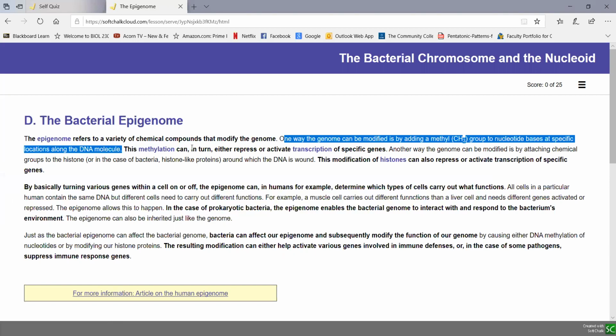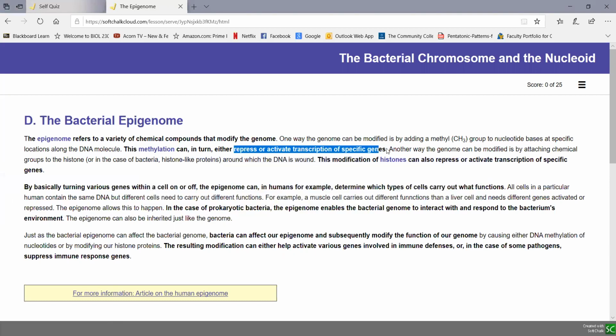That methylation can in turn either repress or activate transcription of specific genes. So where this methylation occurs can determine whether a gene is activated and transcribed into messenger RNA or whether that gene is repressed and not transcribed.